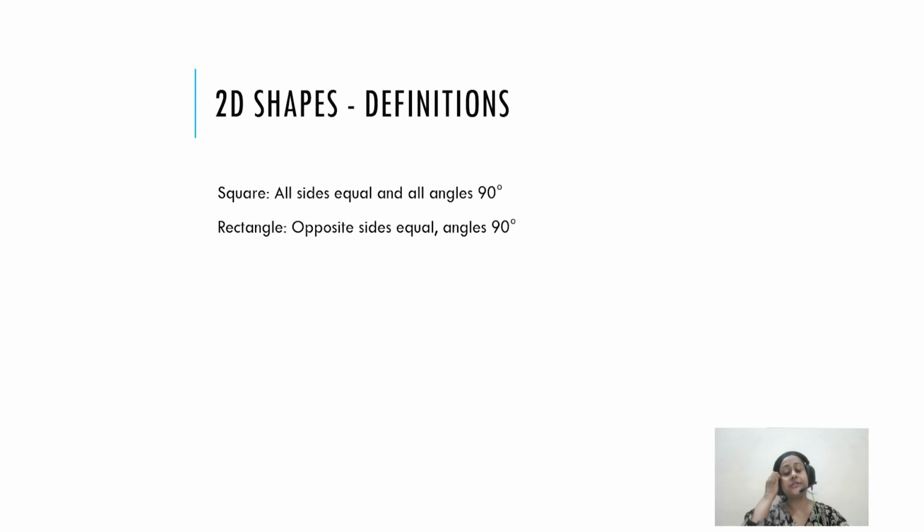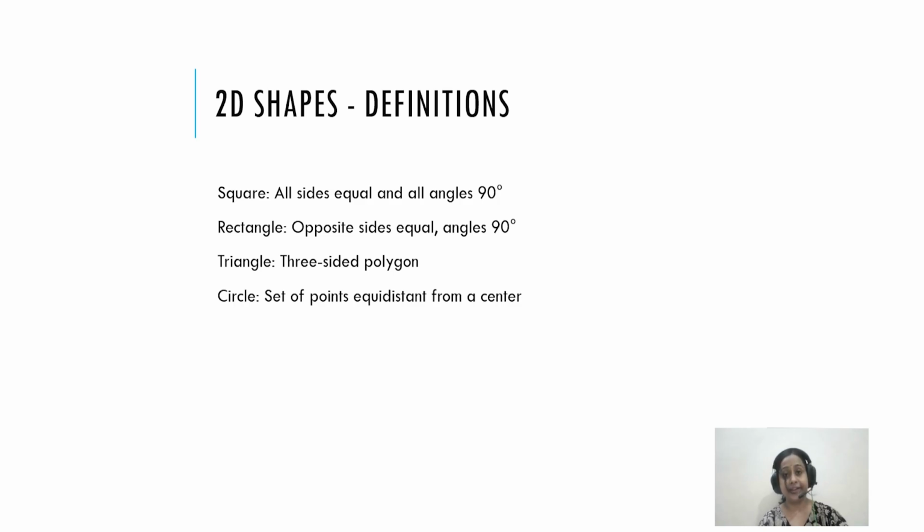Another 2D shape is the rectangle, in which the opposite sides are equal in length and all four angles are right angles. A triangle is a three-sided polygon, so it has basically three sides. And there is a circle. A circle is a set of points which is equidistant from a center, right?